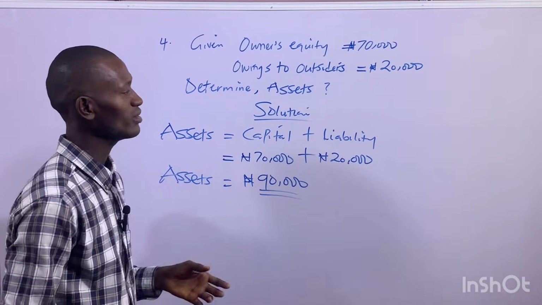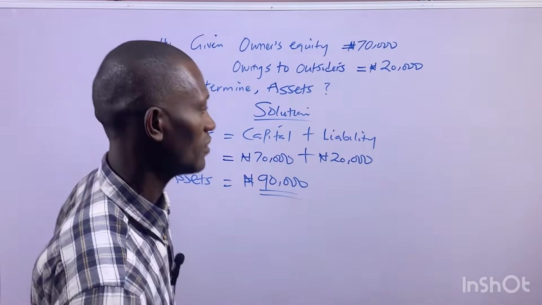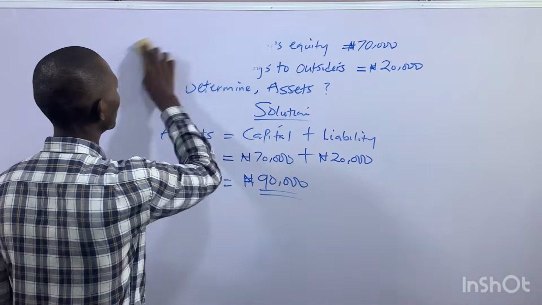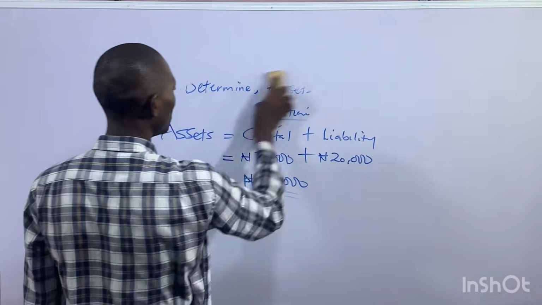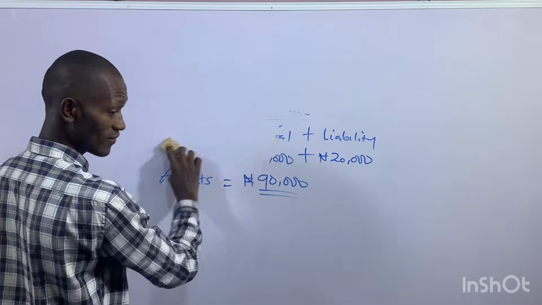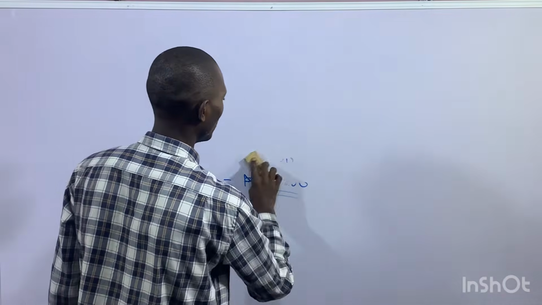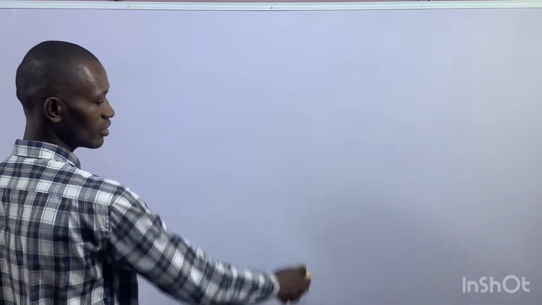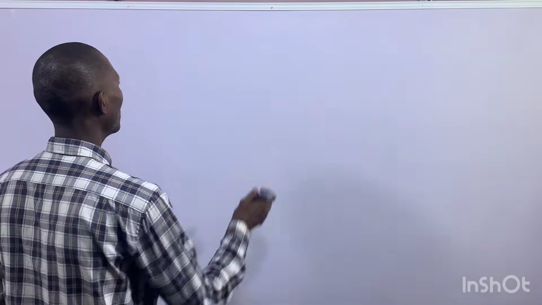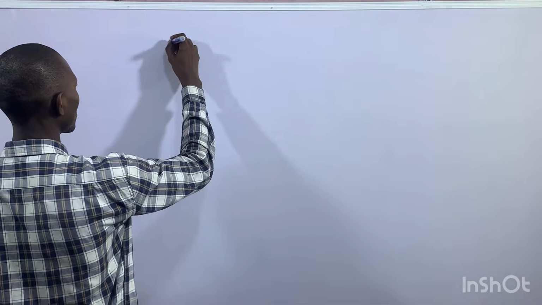Then let's solve the last question, after which we take it further on accounting equation. So the last question now, that's question 5.